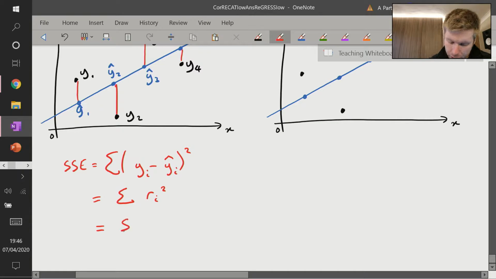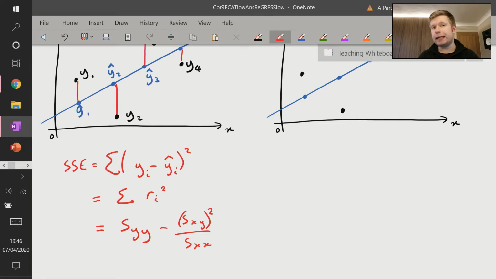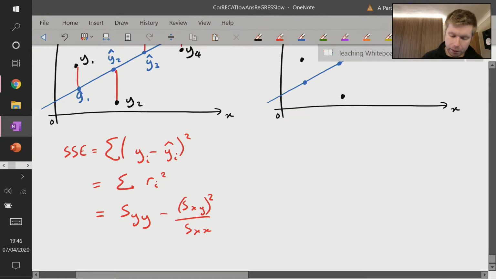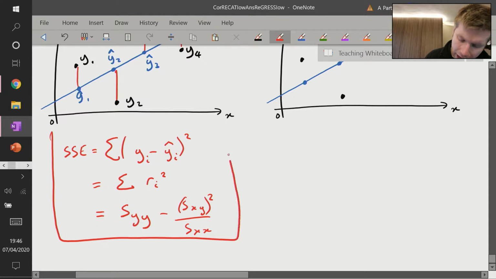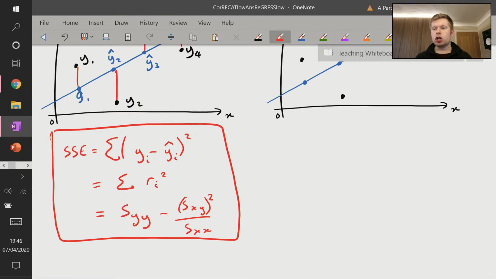It looked like this: SYY minus SXY all squared divided by SXX. Once we'd found the values of a and b, choosing careful values made terms completely disappear, and we were left with this. So the sum of the squares error can be given as this, and choosing the correct values of a and b should make this as small as we possibly can. So we've quantified the error in one way.